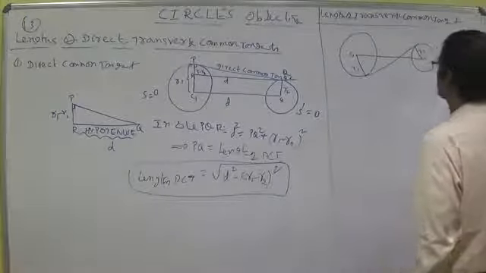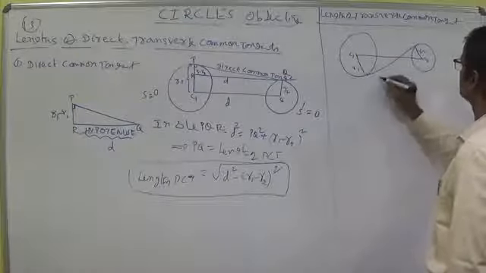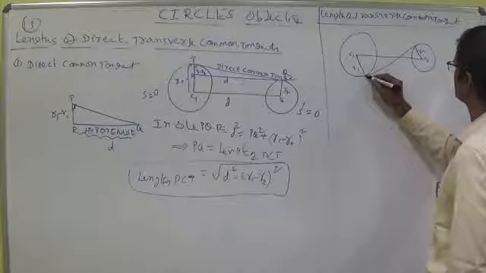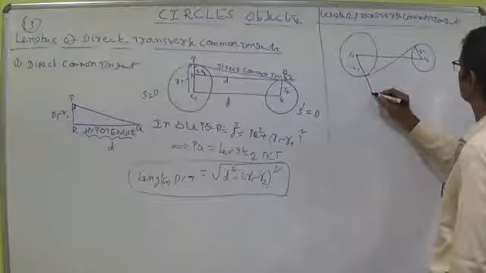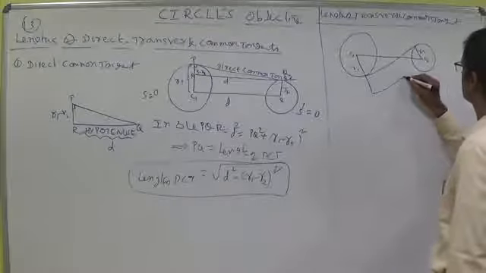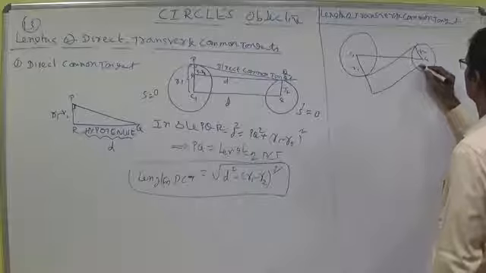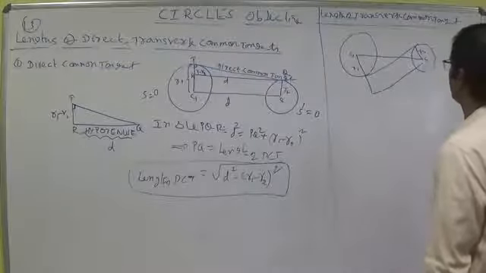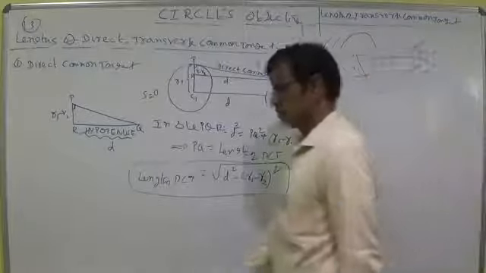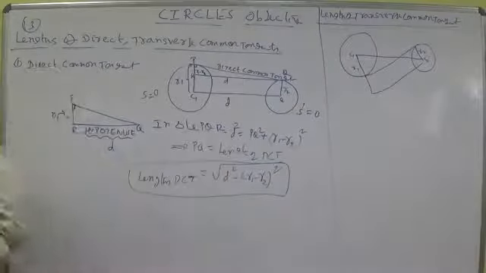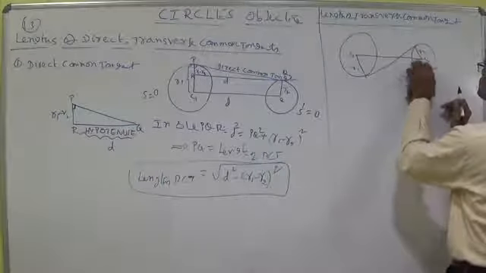This is R2. We can do one thing. If we extend this length by the same distance R2, then the distance becomes R1 plus R2.